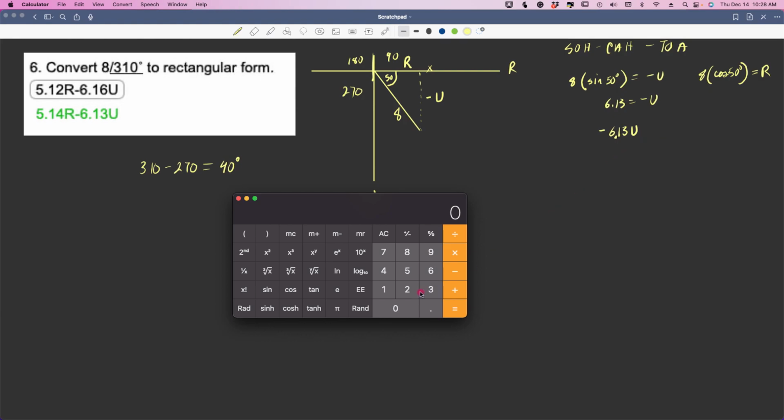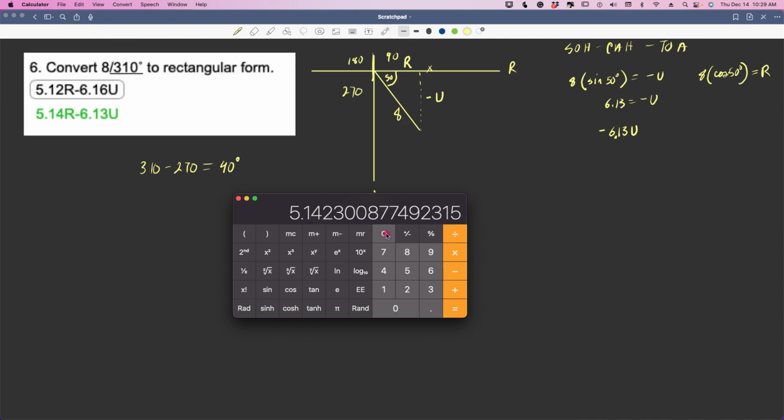All right, so let's look at cosine. 50 cosine. And then I leave it in the calculator. But if you didn't leave it in the calculator, that'd be 0.642 or 0.643, right? Let's do the calculator one first. Times 8. That would be 5.14, and it wouldn't round up.